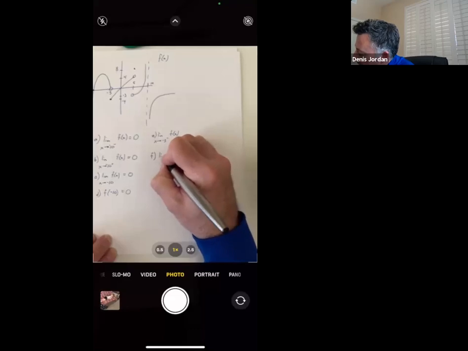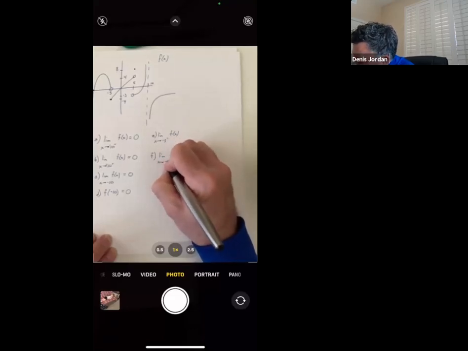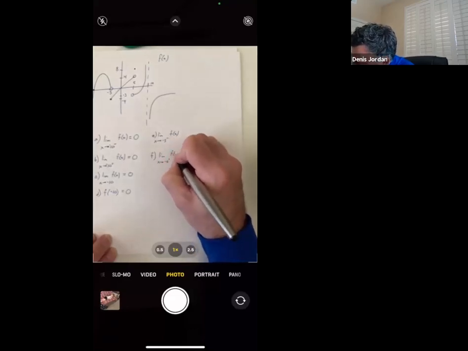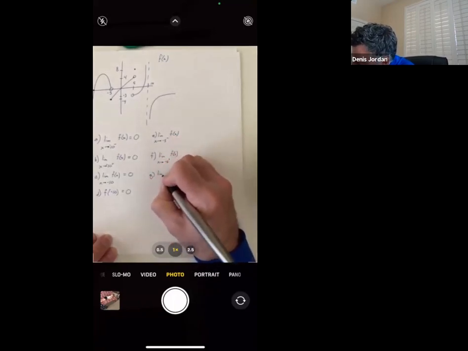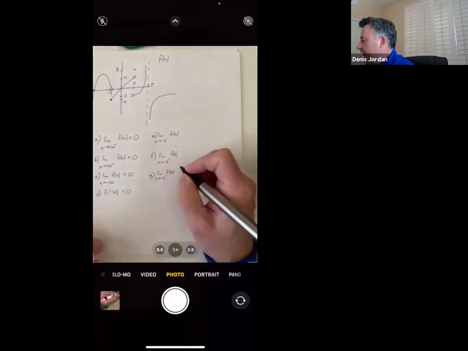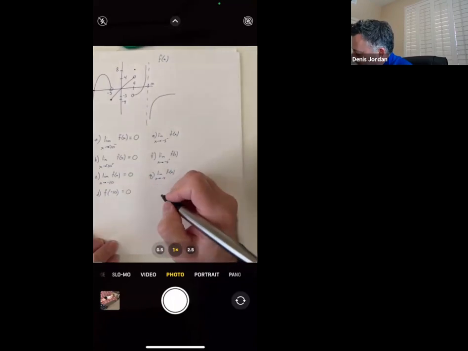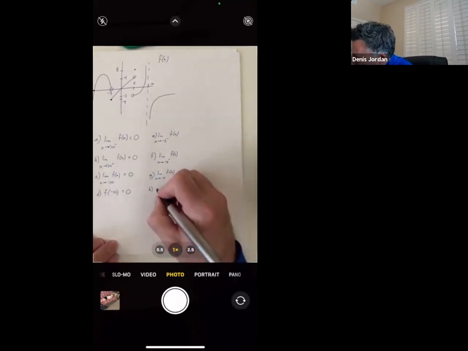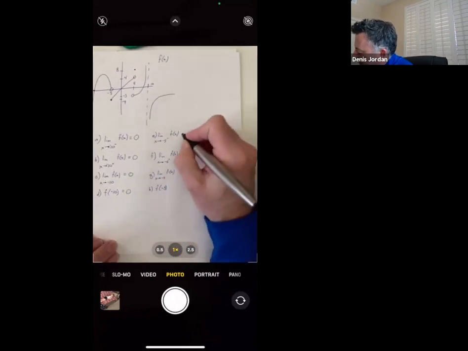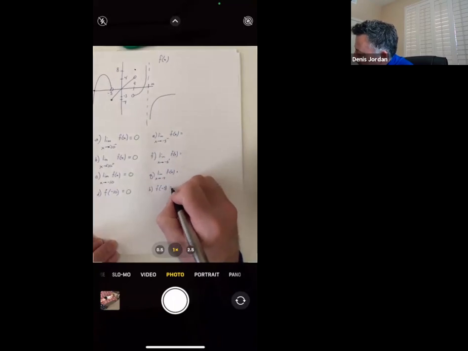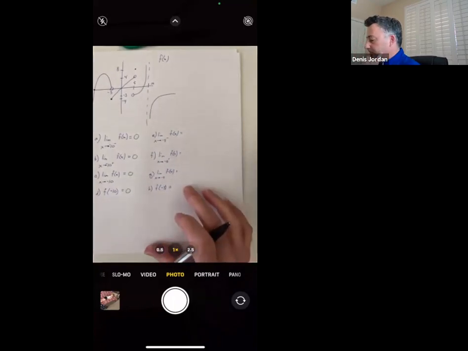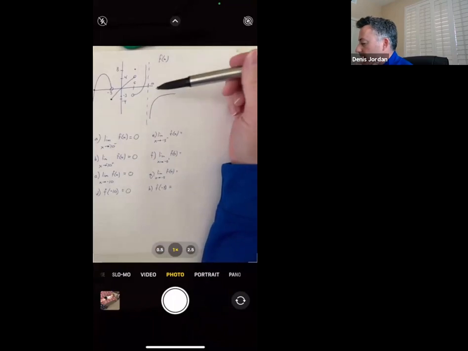We'll take it from the right. And then the two-sided limit. And then we'll do the function value at negative 5. Okay, so go ahead and try those.